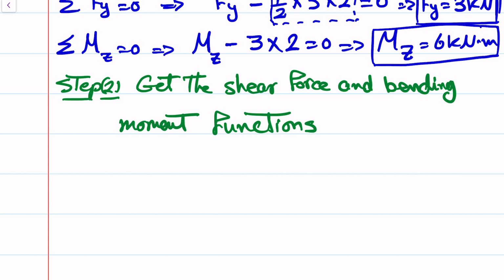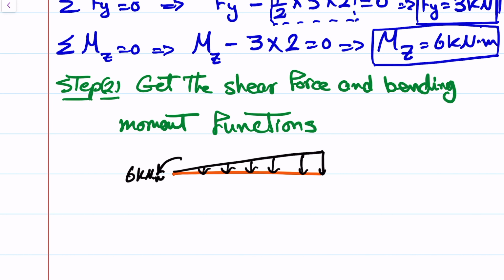Okay, so we have, this is the beam, and here is the distributed load. And now you know the moment right here is 6 kilonewton meter, and support reaction is 3 kilonewton, and that was 2 kilonewton per meter, and the length was 3 meters.